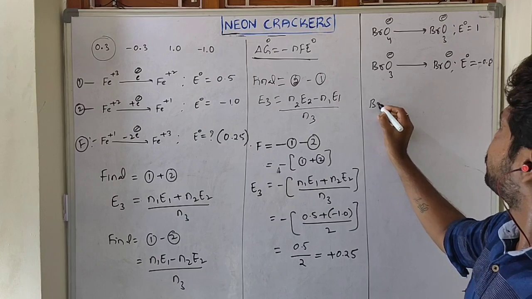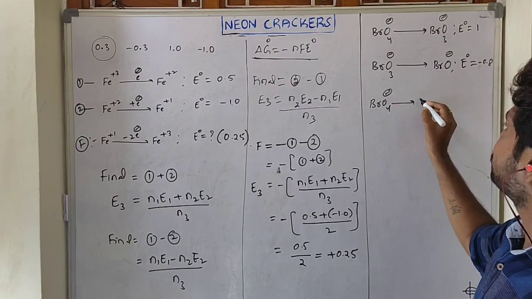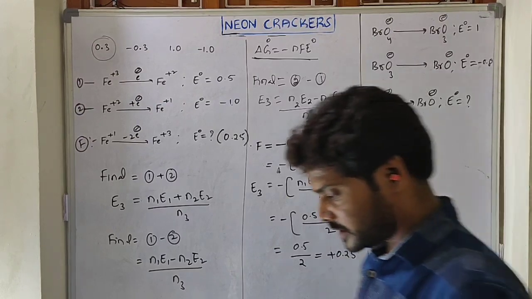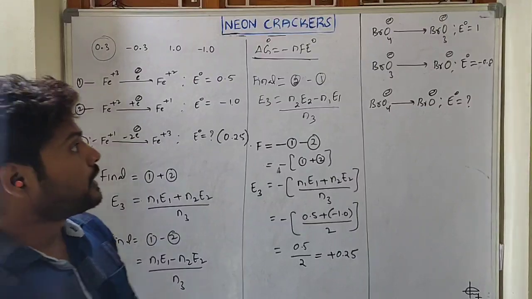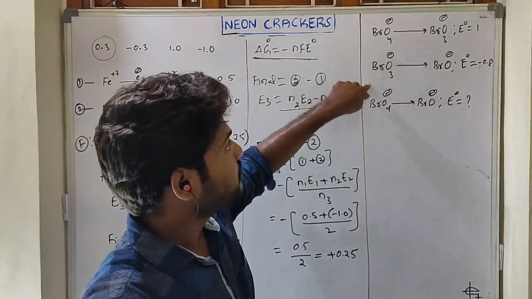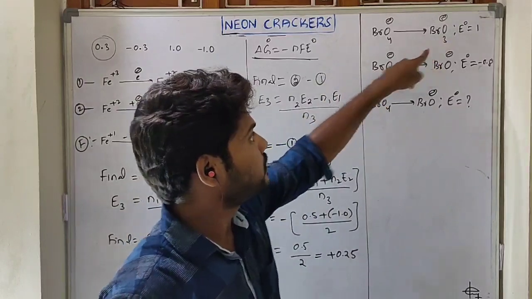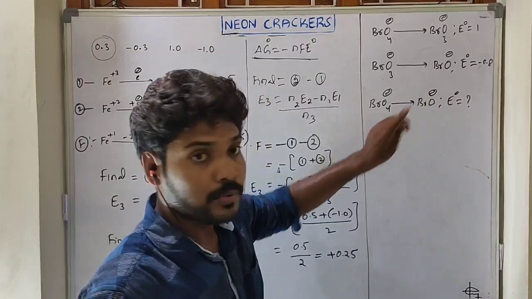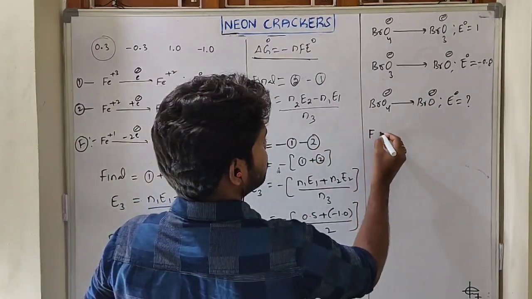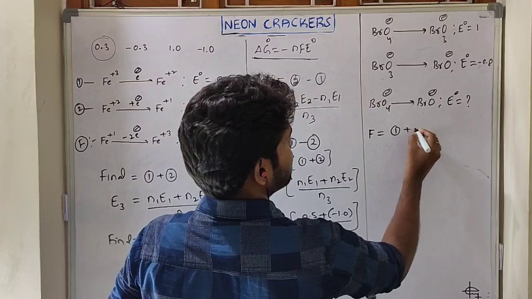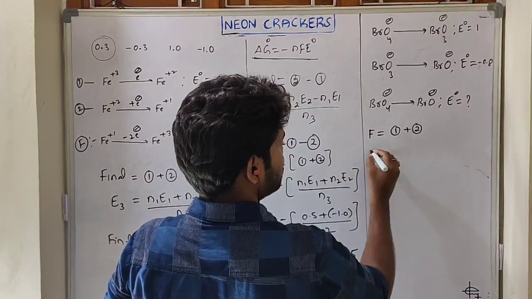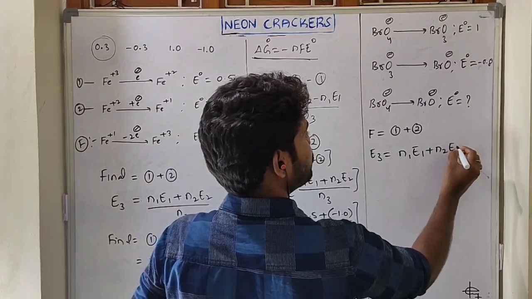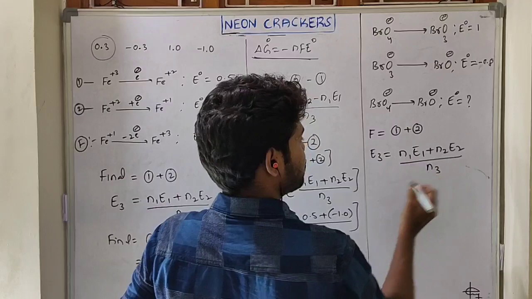Now what is the potential for BrO4 minus to BrO minus? How can you write the final equation? Sum of these two reactions: BrO3 minus gets cancelled, and we get BrO4 minus on the reactant side and BrO minus on the product side. So the final equation equals equation 1 plus equation 2, and E3 equals N1 E1 plus N2 E2 upon N3.